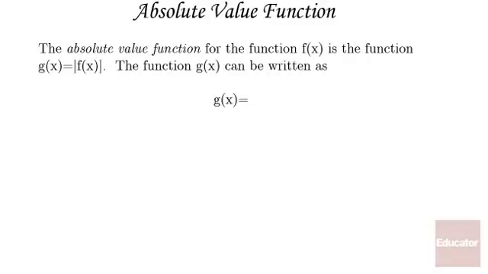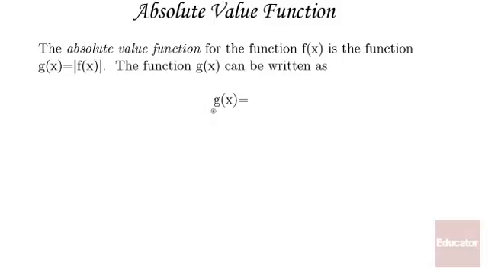The absolute value function: for the function f of x, the function g of x is the absolute value of f of x. So now we're talking about the absolute value of a function. And the function g of x can be written as the following.